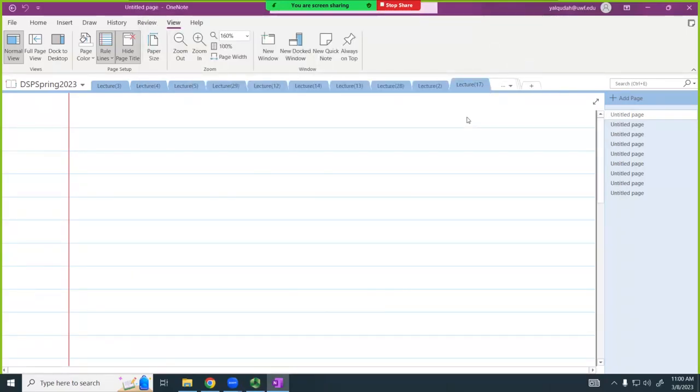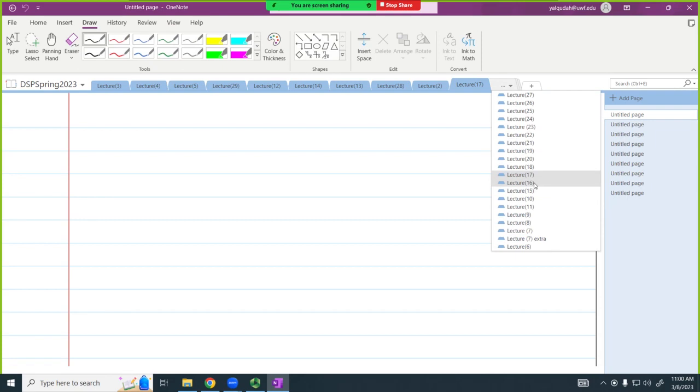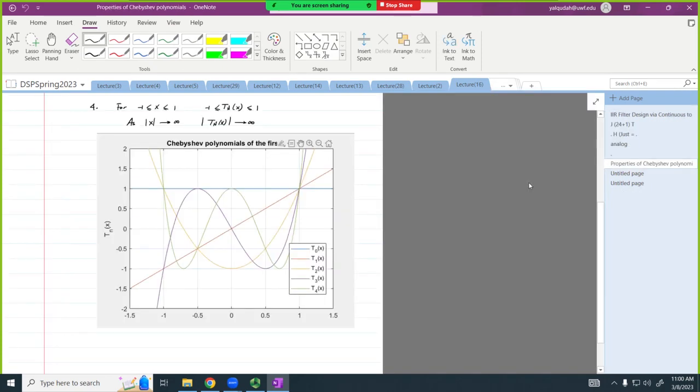So in the previous class, we looked at the Butterworth filter, and then we started looking at the Type 1 Chebyshev filter. And when we looked at the graphs for the Chebyshev function, this is the graph for zeroth, first, second, all the way to the fourth order function.